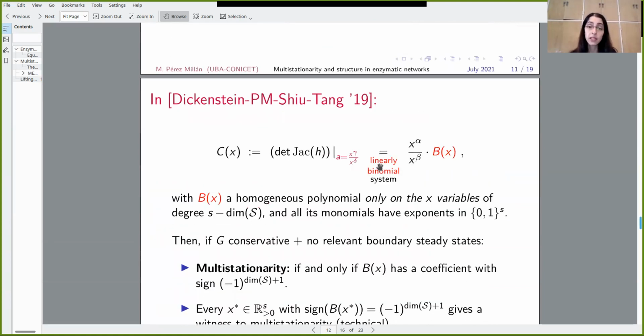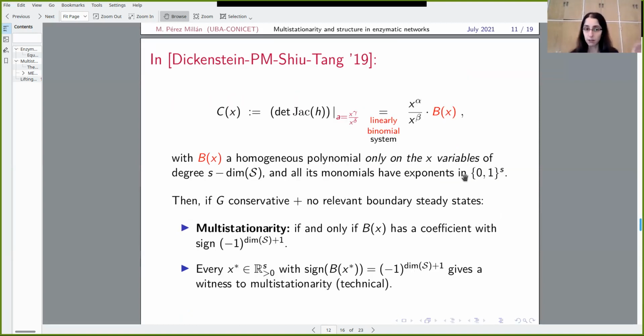And if the system is linearly binomial, then we have already proved in the previous work that it is a Laurent monomial times B of X, with B a homogeneous polynomial only on the X variables, no constants there, no rate constants there, of degree S minus the dimension of the stoichiometric subspace, and its monomials have exponents in 0, 1.